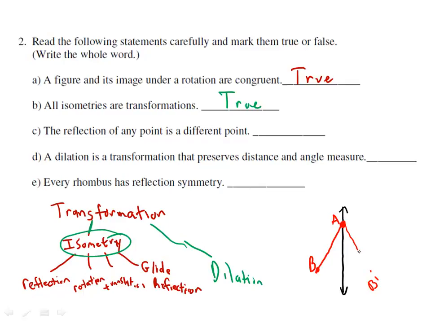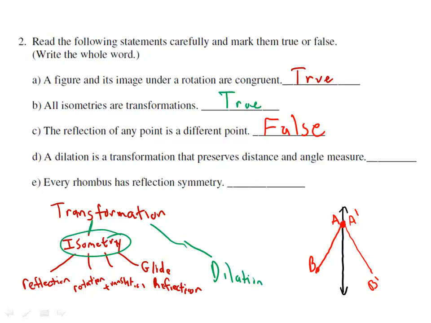Well, where does A reflect to? It's right on the reflecting line. So here's an exception to that. All I need is to find one counterexample, and that makes the whole statement false. So the reflection of any point is a different point. False. I found one example here in which that is not the case. A and A prime are the same point because they are right on the reflecting line. Don't get fooled by that one.